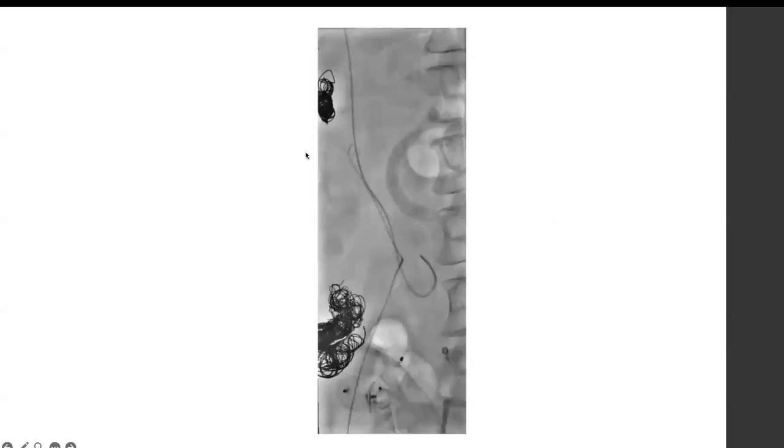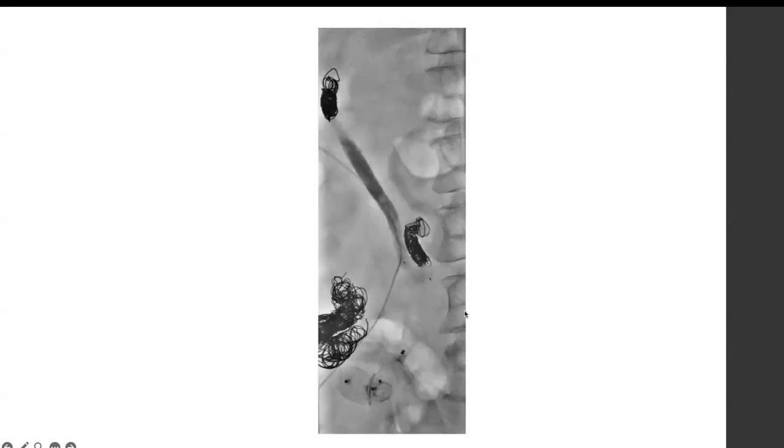So here actually got a second access, but it's in the opposite direction. So we have crossing accesses, one going like the one we used before, retrograde up towards the liver, and one going down away from the liver. And then put coils on both sides.